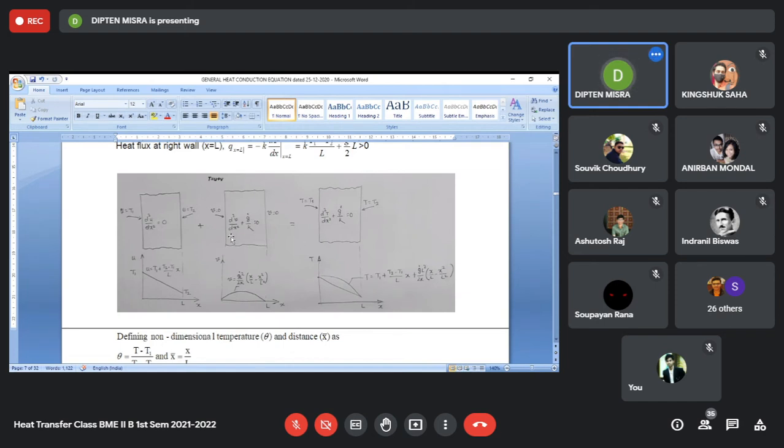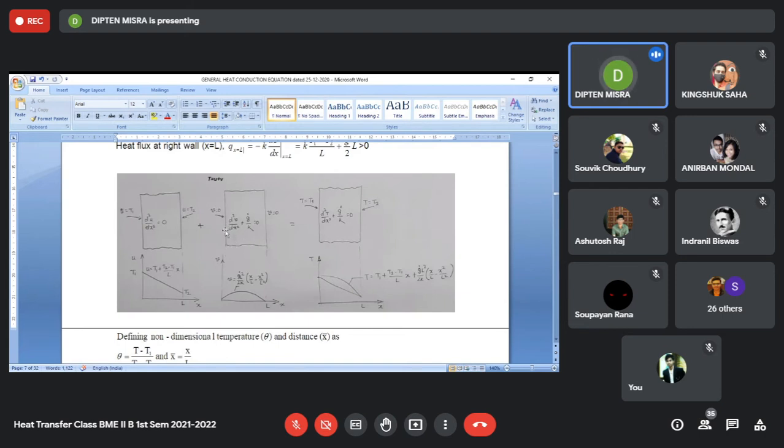And because from both the sides the heat comes out by equal magnitude, the heat flux on the left hand side should be equal to the heat flux on the right hand side. Because the heat flux is the same on the left hand side and right hand side, the temperature gradient also must be the same on both sides by magnitude. But because the heat flux on the left hand wall is negative, and the heat flux on the right hand wall is positive, what will happen?